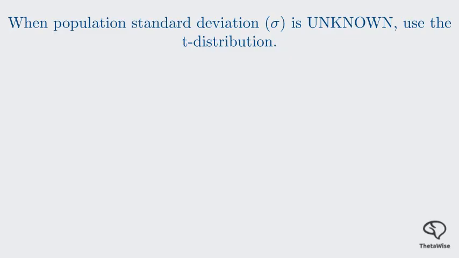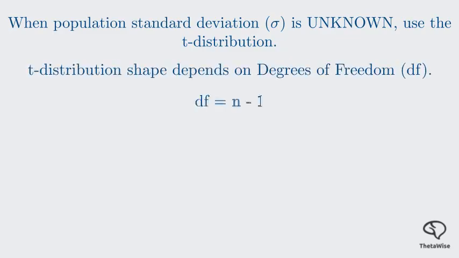This accounts for the extra uncertainty from estimating the standard deviation. The shape of the t-distribution depends on a parameter called degrees of freedom, which is simply the sample size minus 1. As the sample size gets larger, the t-distribution gets closer and closer to the z-distribution. So to recap, when we're estimating a population mean from a sample and we don't know the population standard deviation, we use the t-distribution. This is a very common scenario in biostatistics.